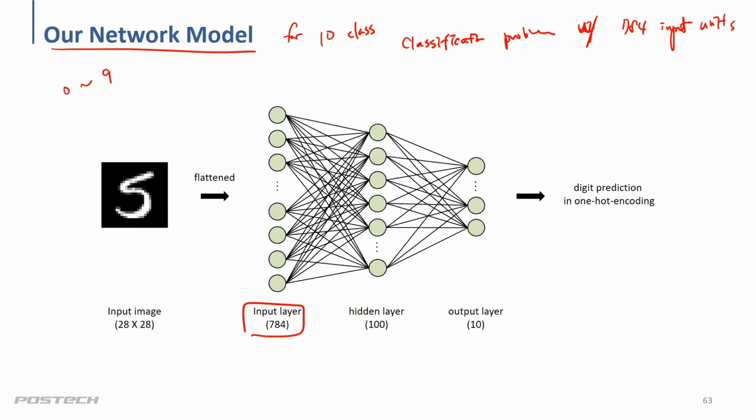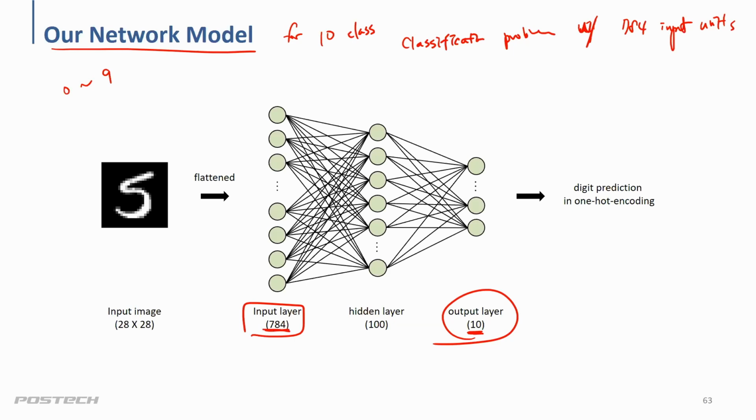Right? That's the given problem that we need to attack. So if we do one-hot encodings, the number of neurons in the output layer is going to be 10. The input layer is going to be 784.